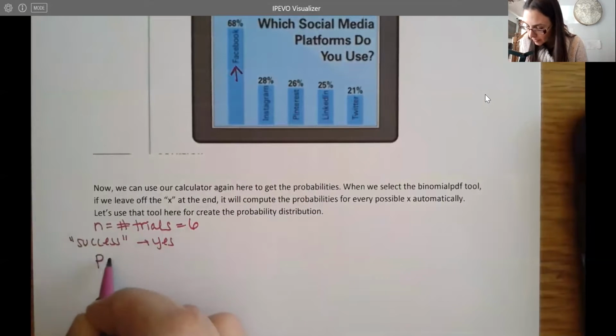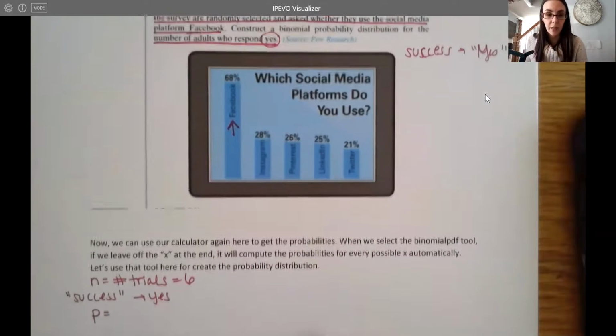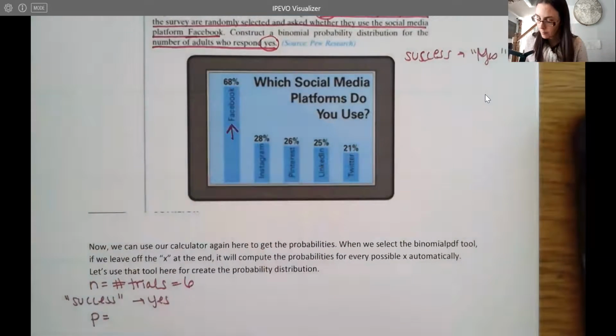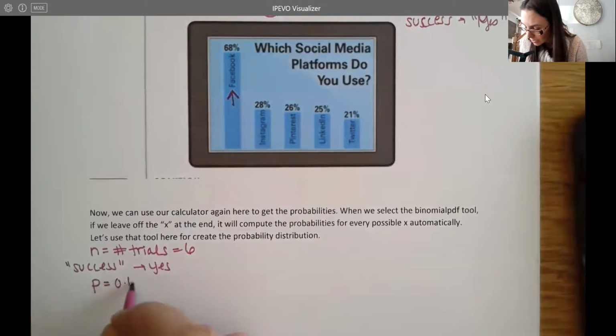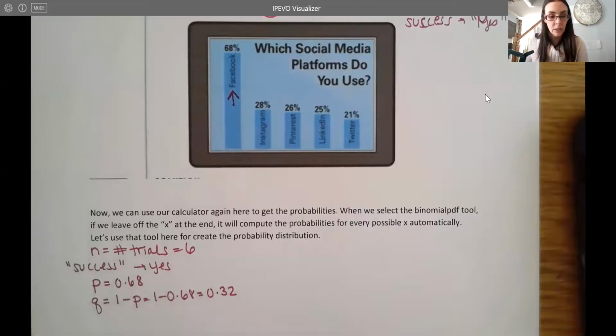So our probability that someone says yes, they use Facebook, because again, we're focusing on Facebook here, is 68%, so 0.68 in decimal form. Our probability of a failure then is 1 minus p, so 1 minus 0.68, so 0.32.